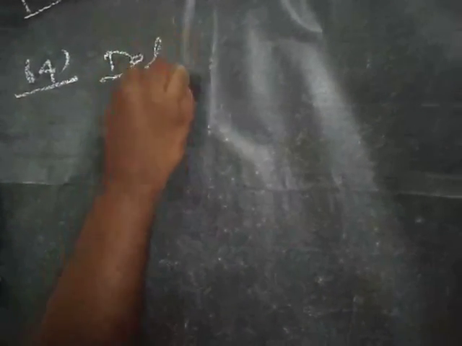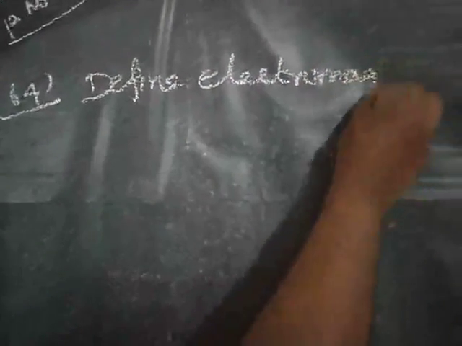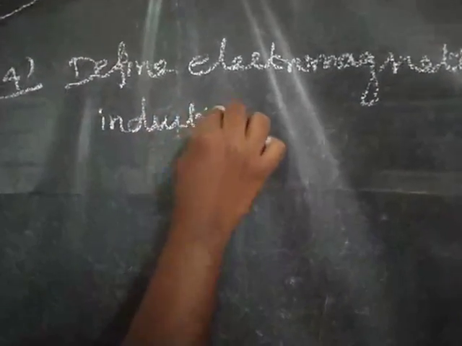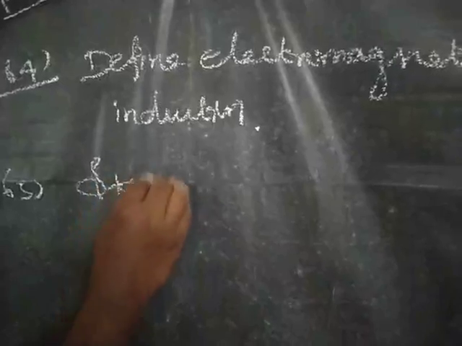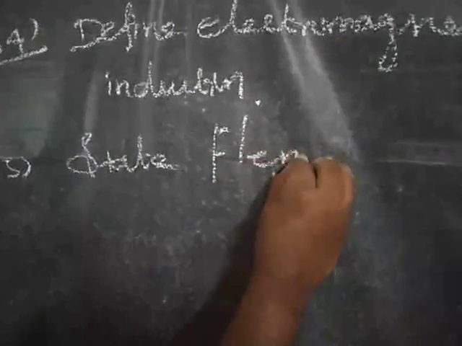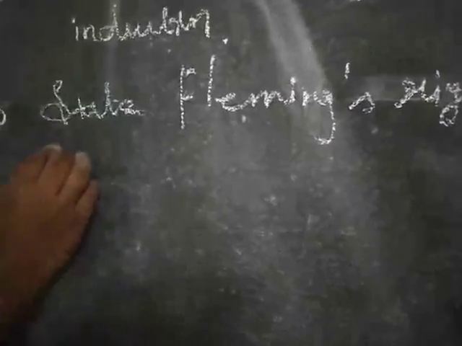Today's homework, with continuous question numbers. Question number 64: Define electromagnetic induction. Question number 65: State Fleming's right hand rule.